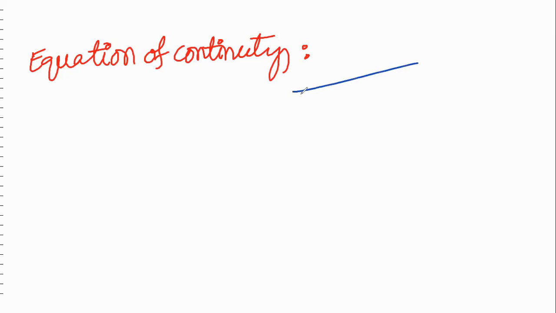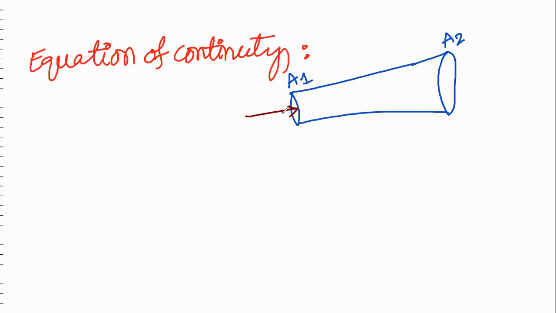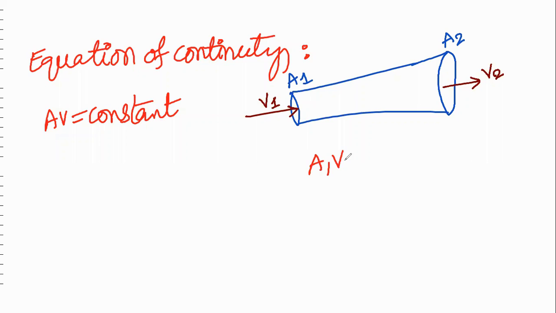Let us suppose two different areas of cross section are there, A1 and A2. V1 is the velocity at the first and V2 is the velocity at the second. According to the equation of continuity, AV is constant. Otherwise, A is inversely proportional to V. We may write A1 V1 is equal to A2 V2.